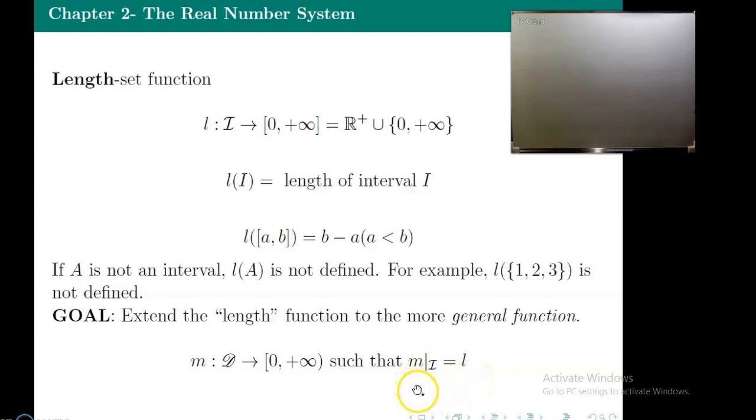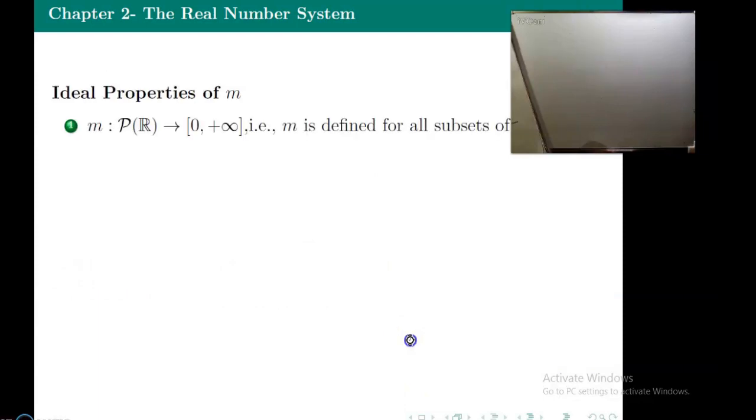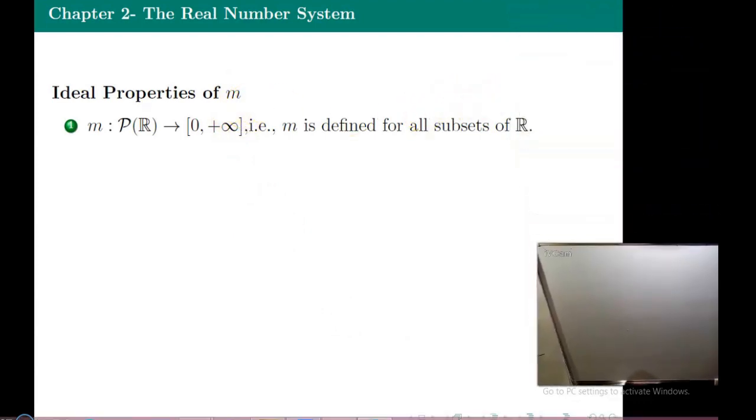So it means that the properties of the length function are being preserved. So let's have here our ideal properties of M. So we will look into a more general function which possesses all of these properties.